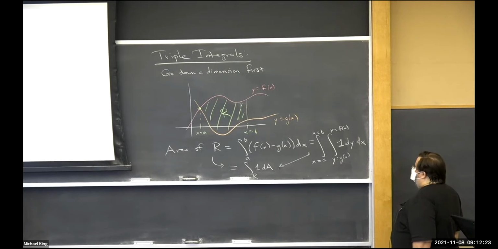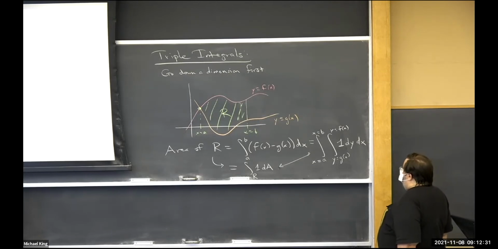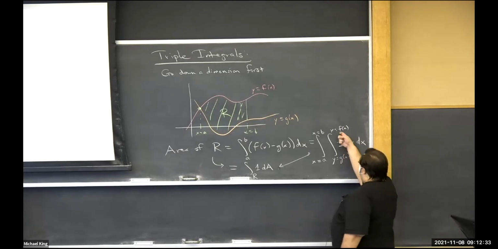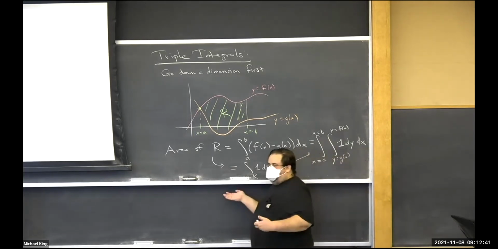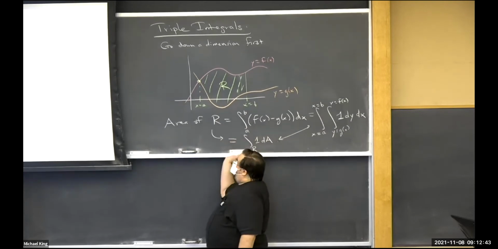So a couple things about this before we go up a dimension. The first thing is, how do we know the bounds? We have the function on the top and the function on the bottom. We also have this left and right endpoint, and that's all specified.